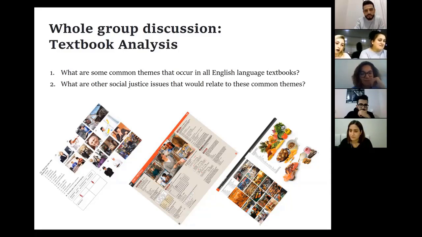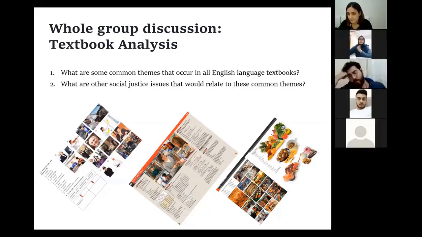Yeah. And I want to add something. Go ahead, please. Last week, we examined 8th grade books, and I remember the topic of friendship. Friendship is very related to social justice.